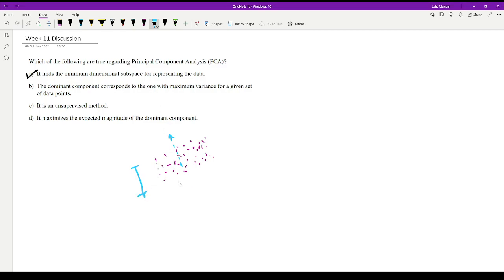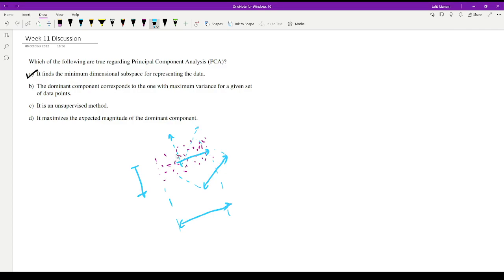The rest of the data will not be captured. If I take this specific direction, you can see that this much of the data has been captured. But if you take this direction and extend it this way, you can see that this amount of data has been captured.